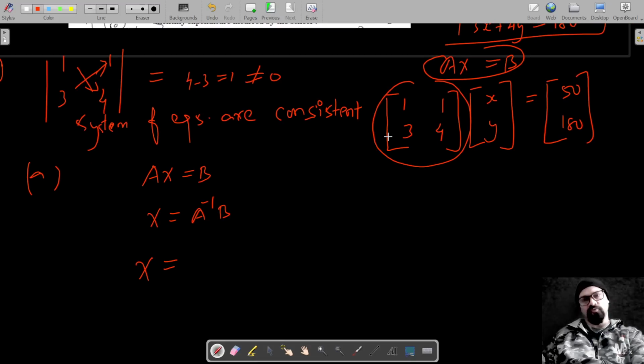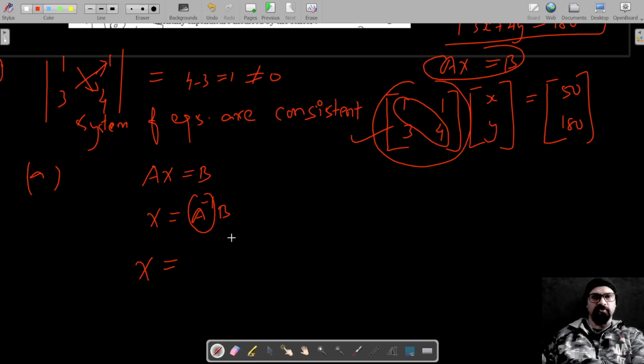You just have to swap these two elements.